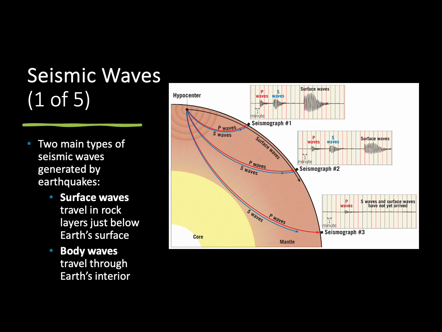But the second type of seismic wave is called a body wave, and these do not just travel near the surface, but instead they travel through the interior of Earth's body. They move throughout the interior of our Earth.